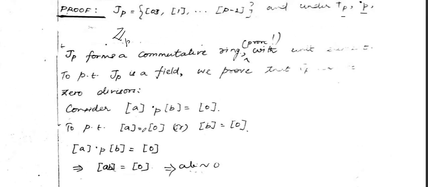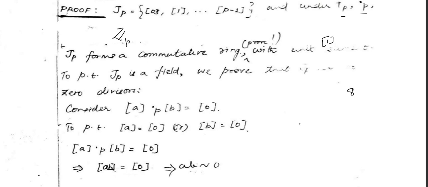But all these are to be established. It forms a commutative ring under addition modulo p and multiplication modulo p. And of course, class 1 is the unit element. So, by the previous lemma, it is enough that we prove that. So, 8 axioms are to be proved.